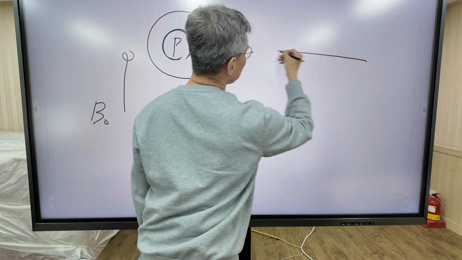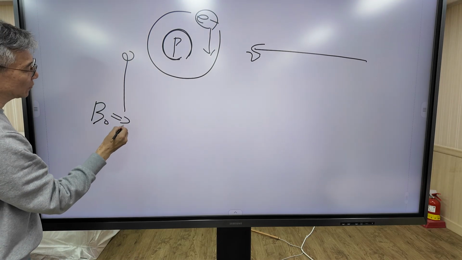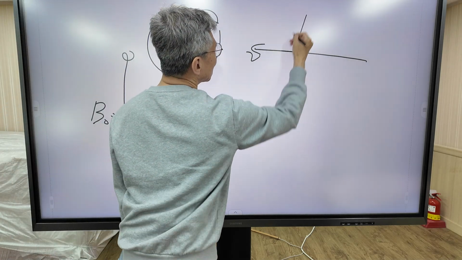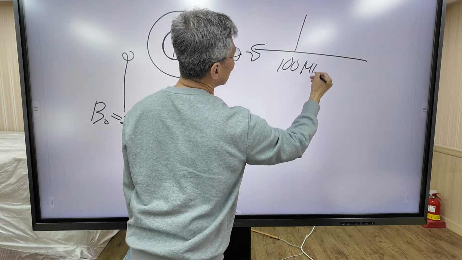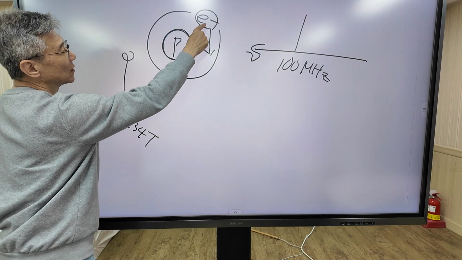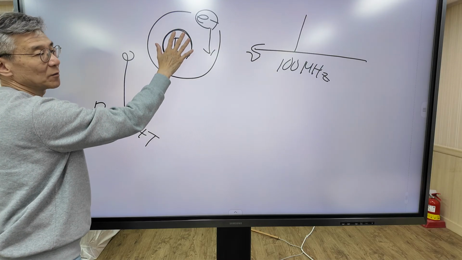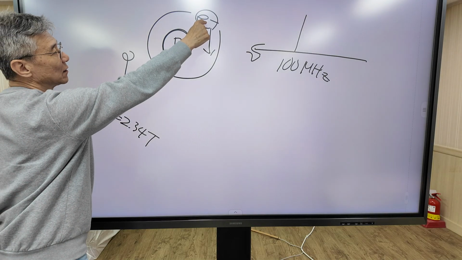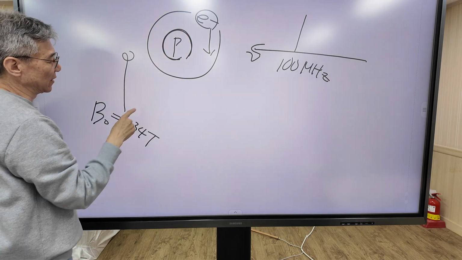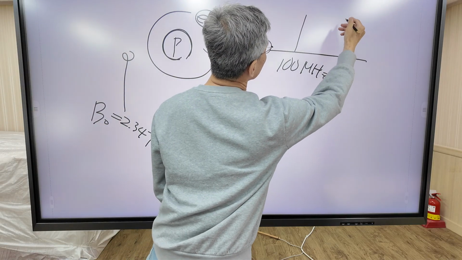Assume that the strength of the magnetic field is 2.34 Tesla. Without electron, the precession frequency is 100 megahertz. But due to the electron shielding the proton, the proton feels a smaller magnetic field than 2.34 Tesla, because the electron generates a magnetic field in the opposite direction. So the precession frequency gets smaller.